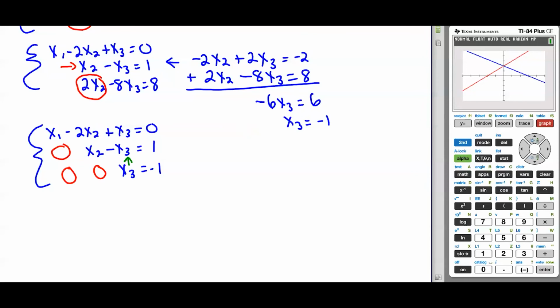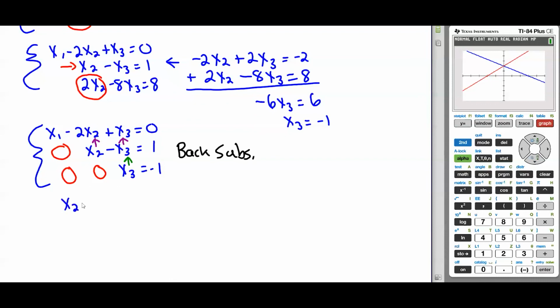And once I solve for x2, I can plug in x3 and x2 into the first equation, and the only one left is x1, and I can solve for x1. So this process of starting from the bottom and substituting up the chain till you get to the top equation is called back substitution. So I'll do it real quick here.